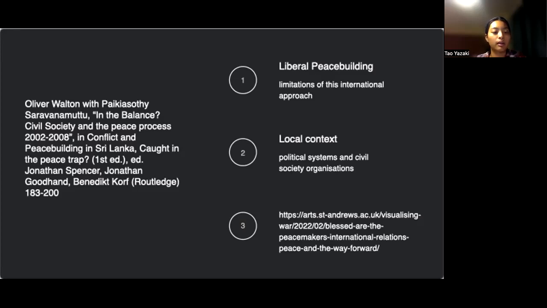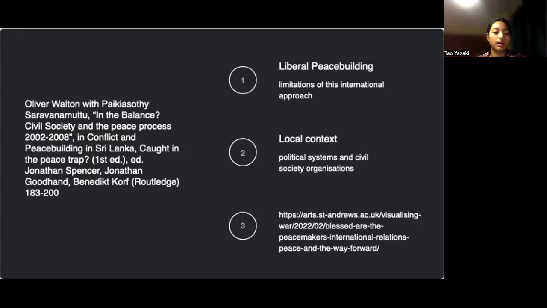So what the authors in this piece argue is that liberal peace building failed in Sri Lanka, and this was because of its failure to adapt to the local context, and how this was indicative of a wider flaw in the liberal peace building model.